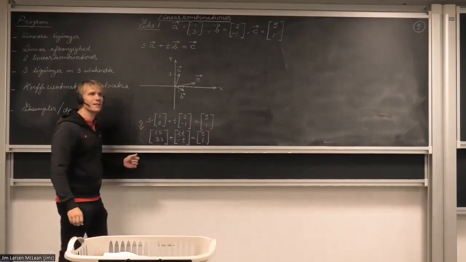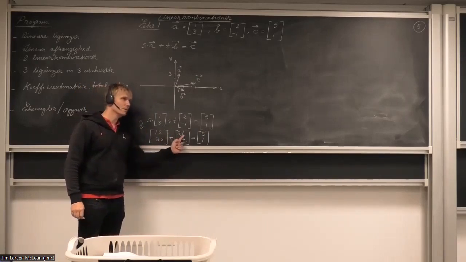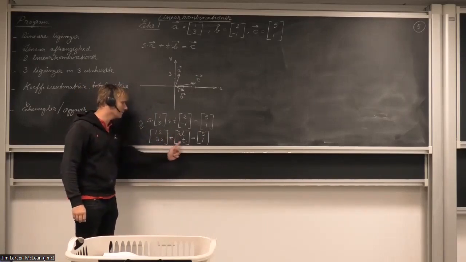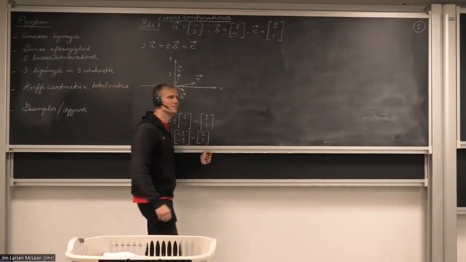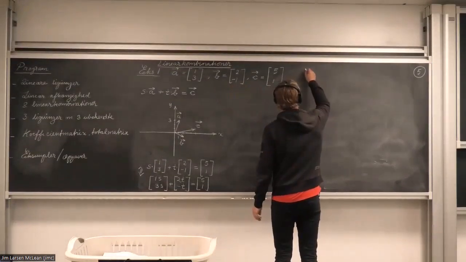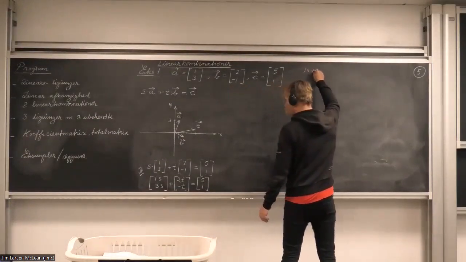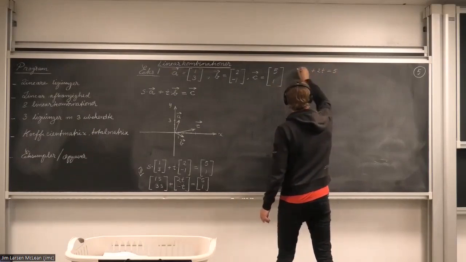But I have also learned something else. When you add two vectors, you add the first coordinate to the first coordinate and the second coordinate to the second coordinate. So here it says s plus 2t should equal 5. That was equation 1.